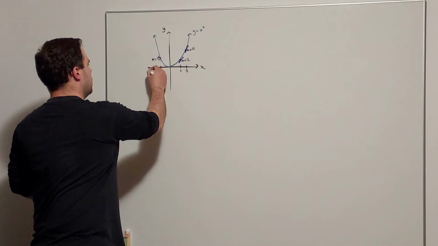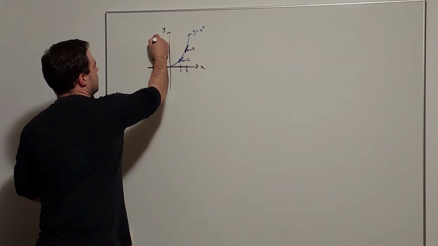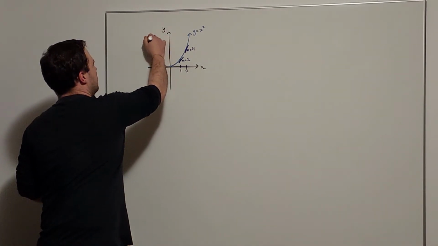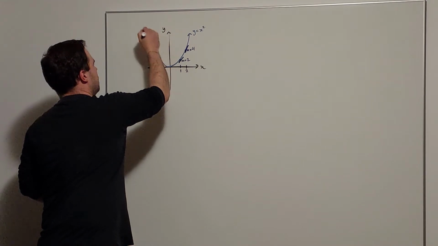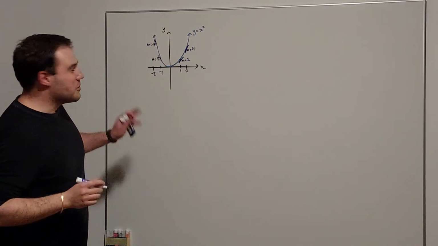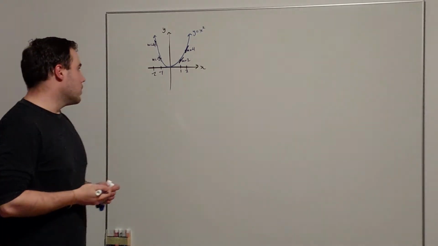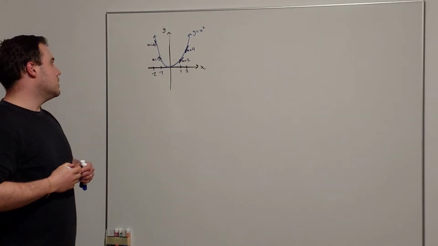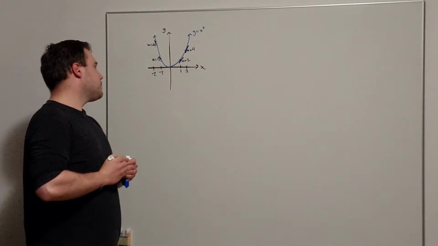And likewise at x equals -2, it doesn't quite line up, but hopefully you get the point, the gradient there is -4.